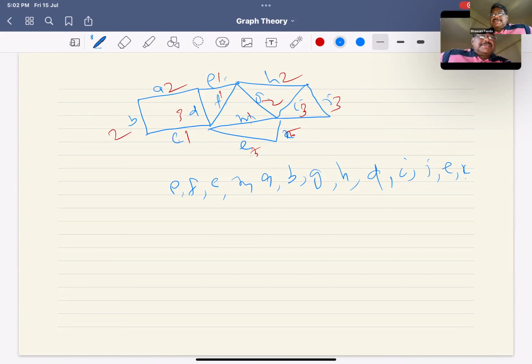Acha, K, E, and M. A, B, C, D, E, F, G, H, I, J, K. This is L, right? No, you are not giving the label to one edge at all. Which one? M, then they are neighbors from the right side.